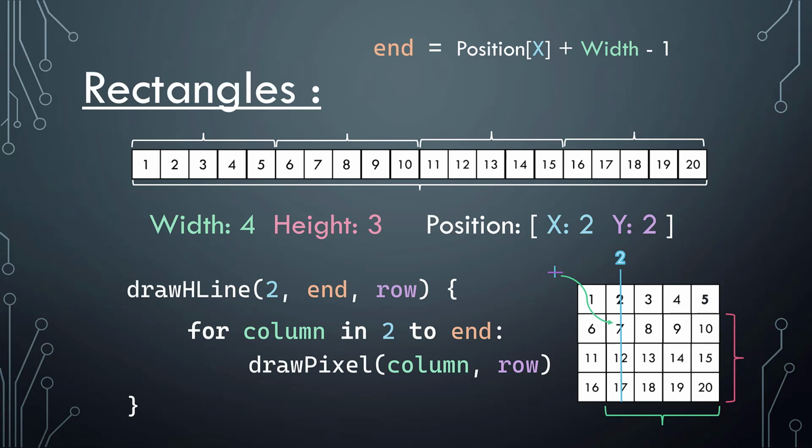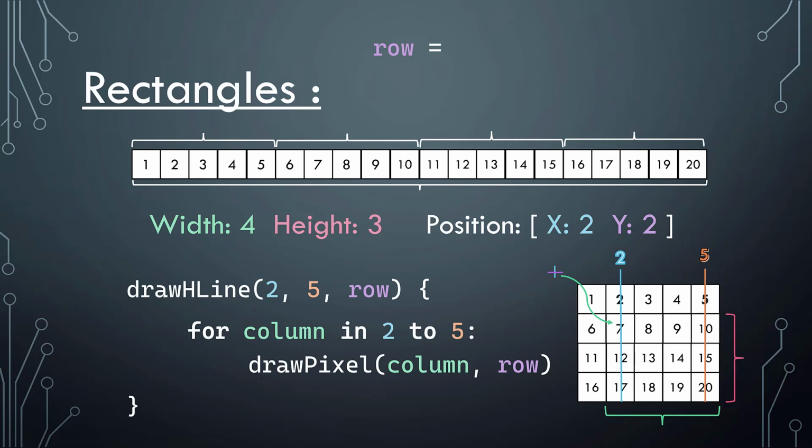It's minus 1 because we've already drawn the first pixel at the start. So it's going to be 2 plus 4 minus 1, which is 5. Let's mark that as the end column of the horizontal line that we're drawing, and plug that into our procedure.